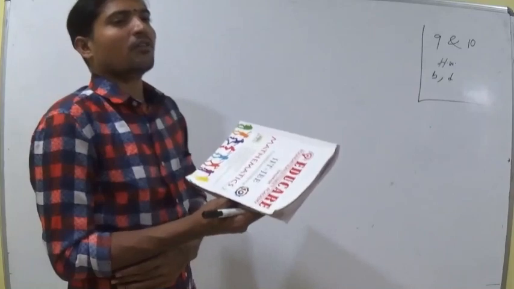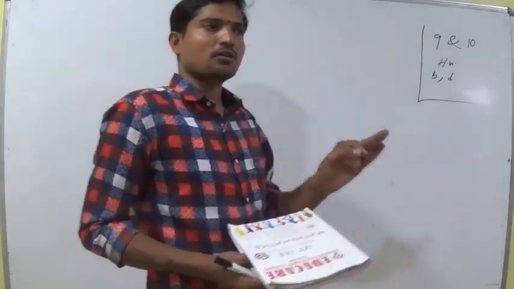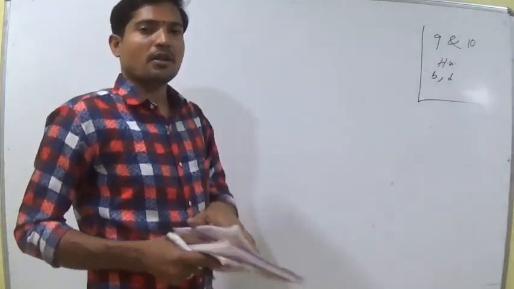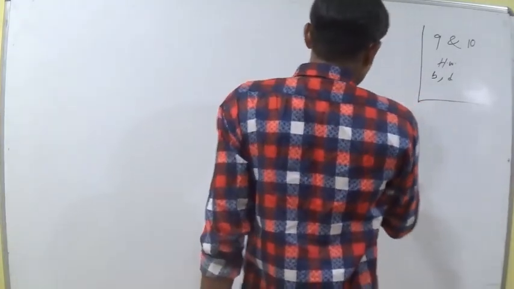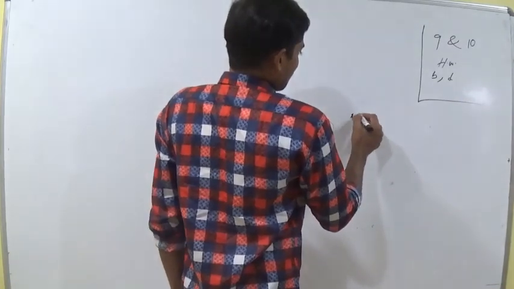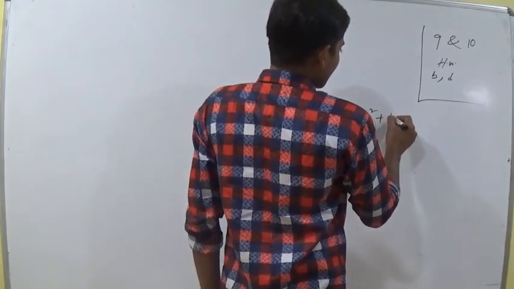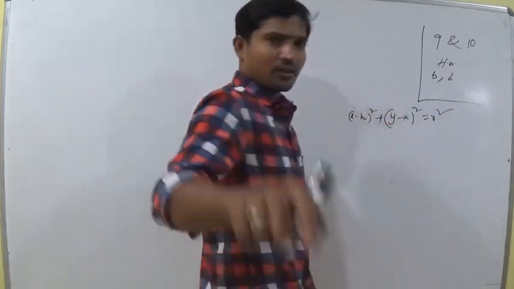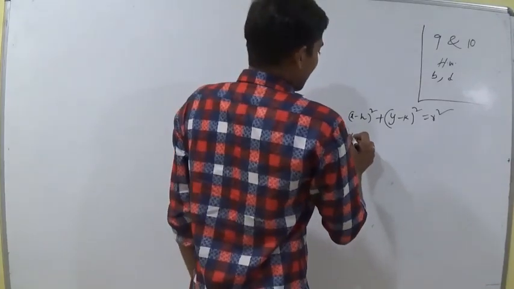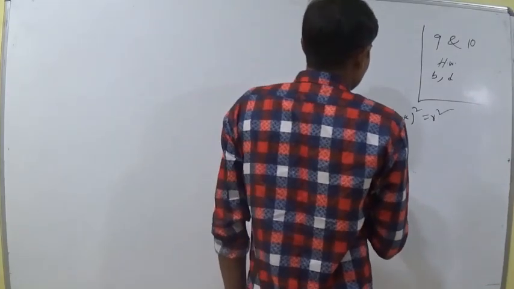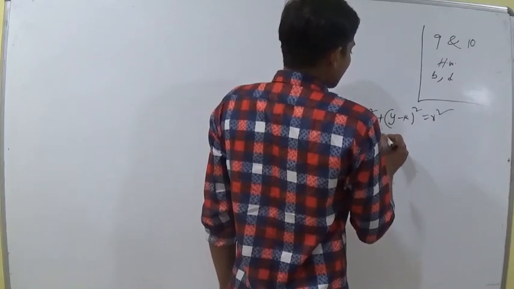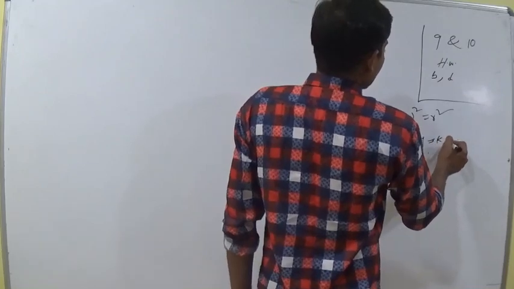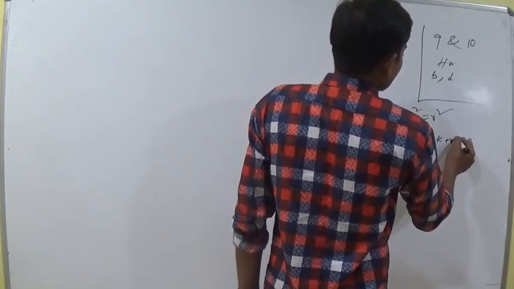Then the parametric equations are x is equal to h plus r cos theta, y is equal to k plus r sin theta. Given the circle x minus h whole square plus y minus k whole square is equal to r square, the parametric equations are x is equal to h plus r cos theta and y is equal to k plus r sin theta, right?